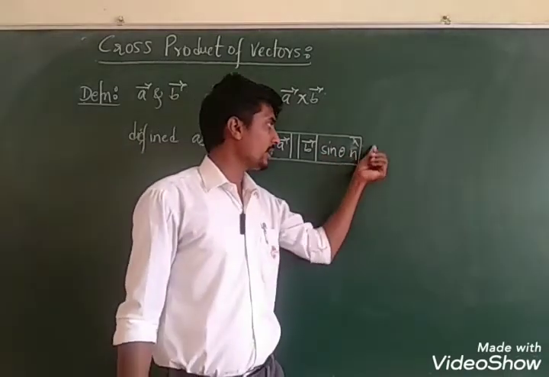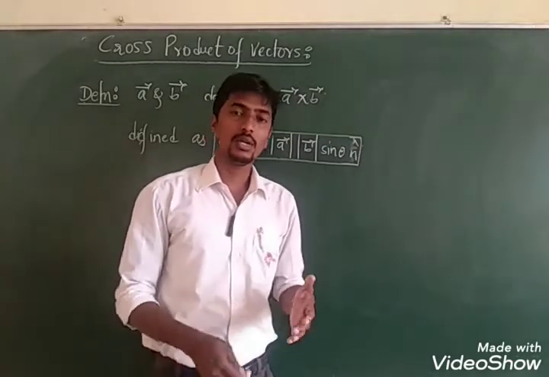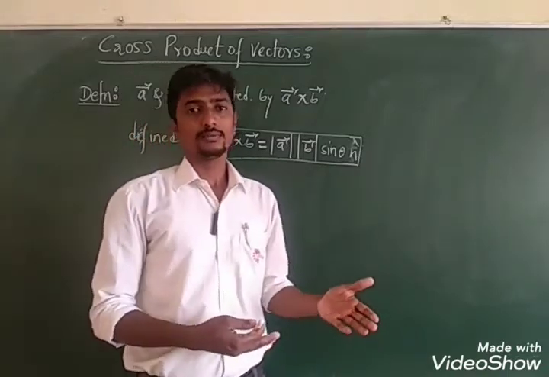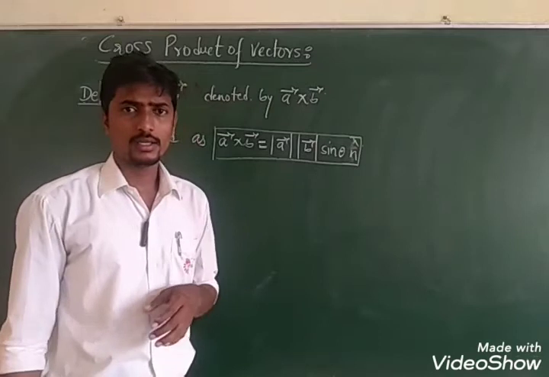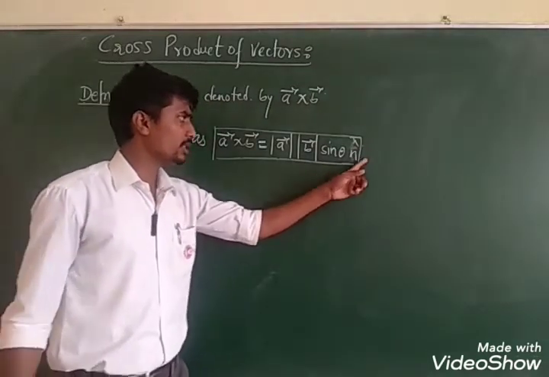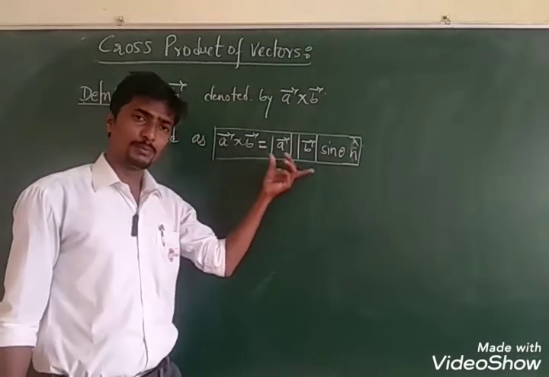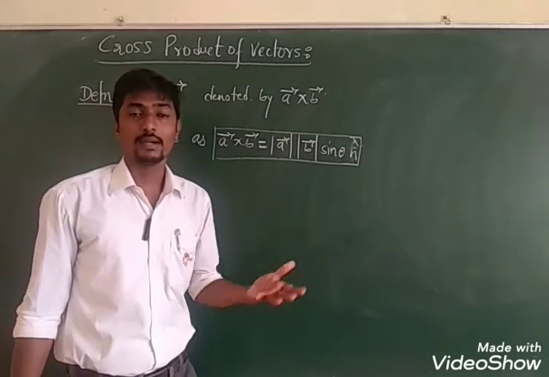Another quantity is n cap. What is n cap? It is the unit vector in the direction of the resultant vector of A cross B. Because of n cap, the product acts as a vector.